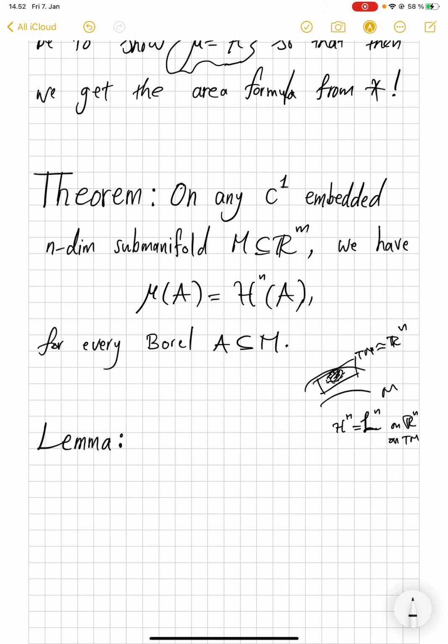And the projection, if you take a tiny set, the projection is almost an isometry.